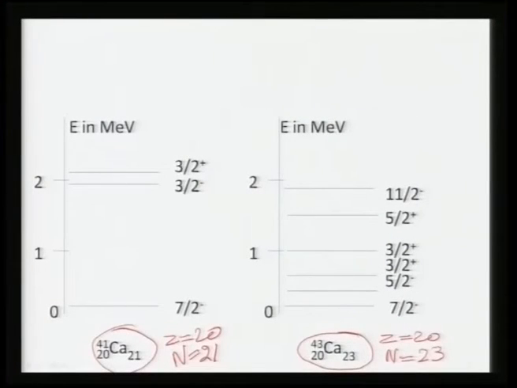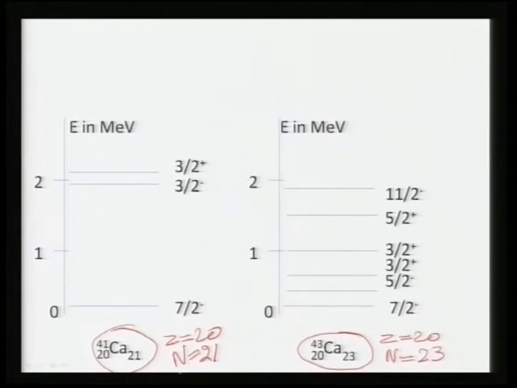So, all the 3 neutrons are in that F7/2 in calcium 43. If out of those 3 neutrons, 2 are paired and do not take part in nuclear properties, then they should be the same.